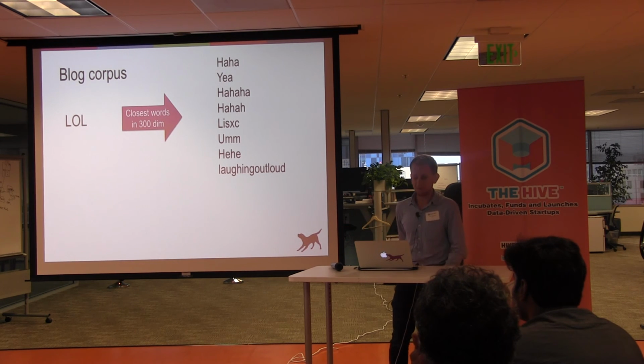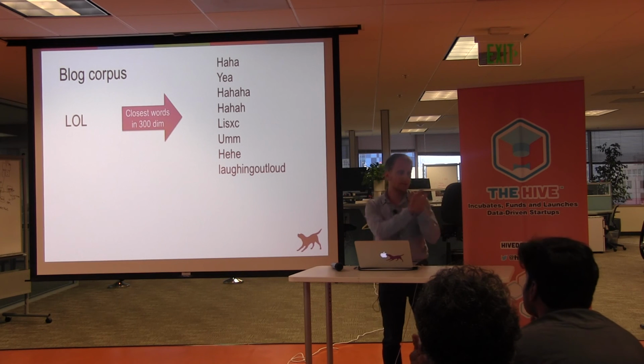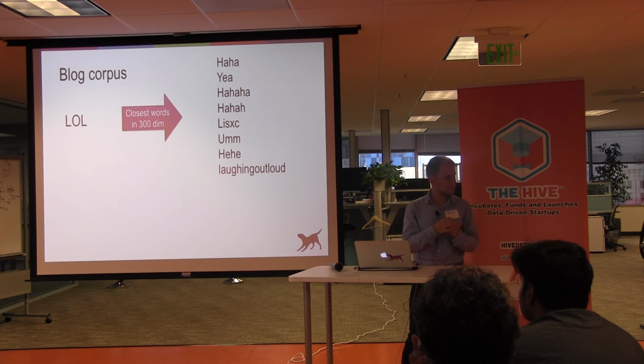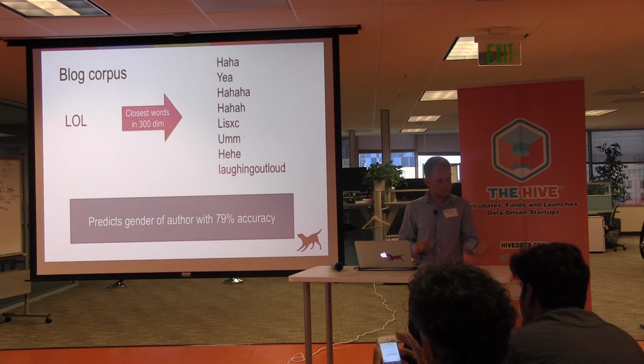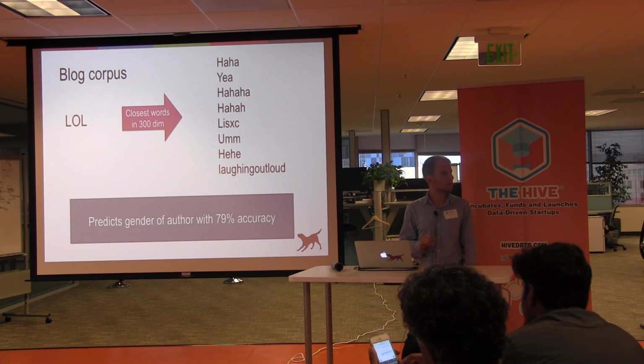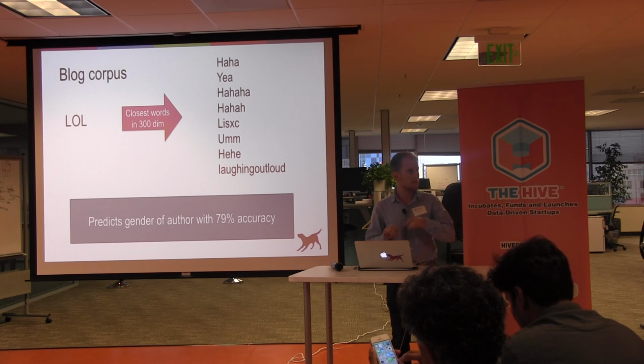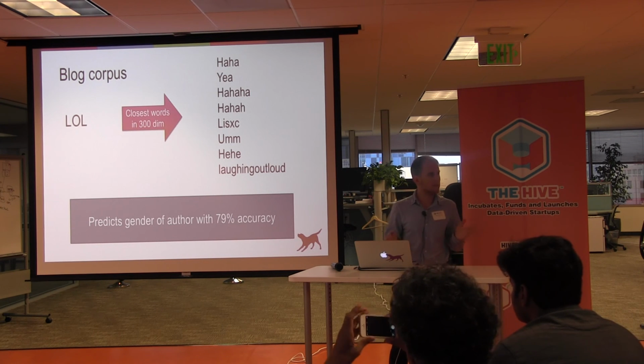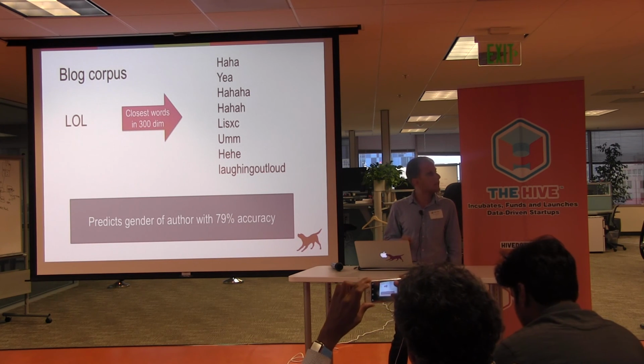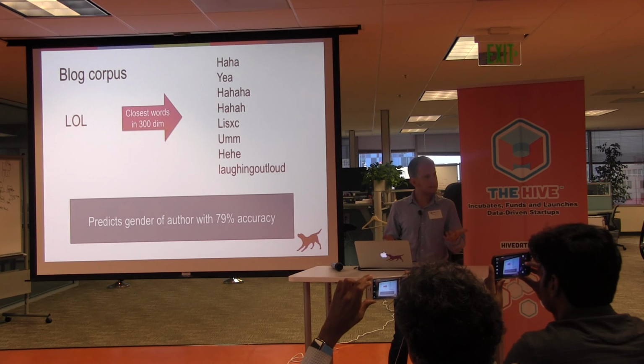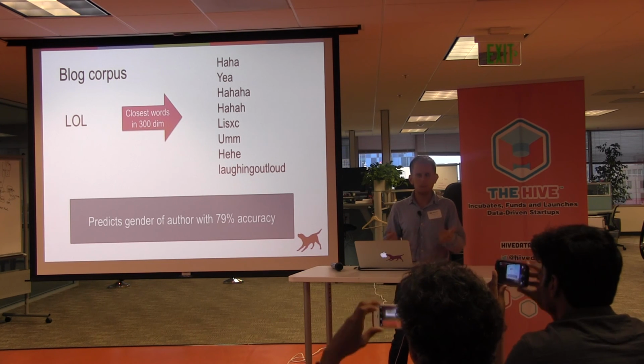So it does actually work. And it's very cool that you can have these actual vector representations for words, because then you can do things like predict the gender of the author with high accuracy. And how you might do that is maybe an averaging of all the word vectors in a text snippet, or maybe some other scheme.